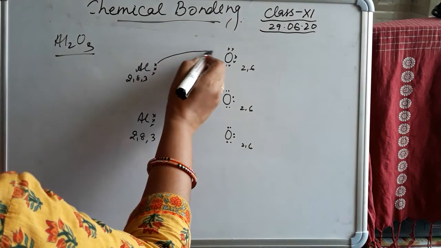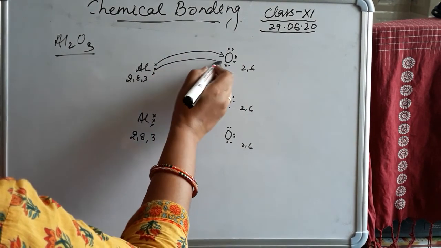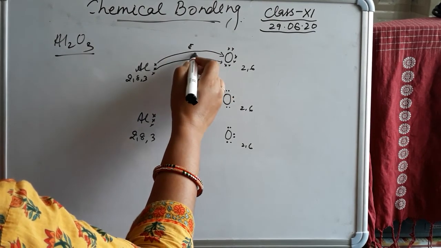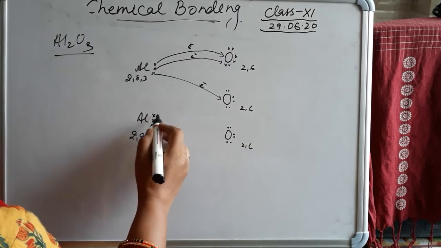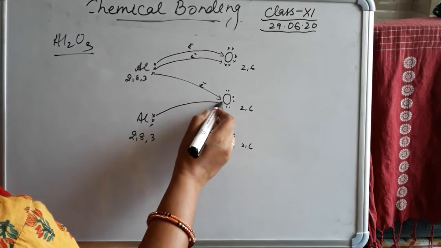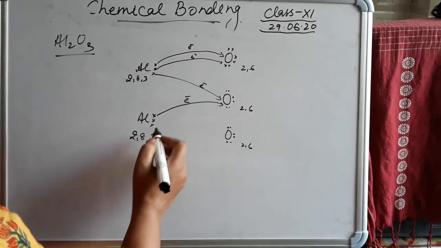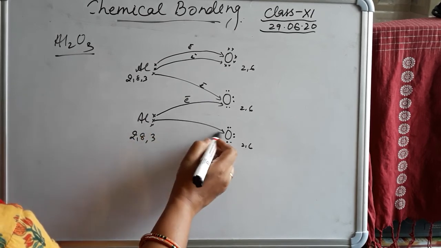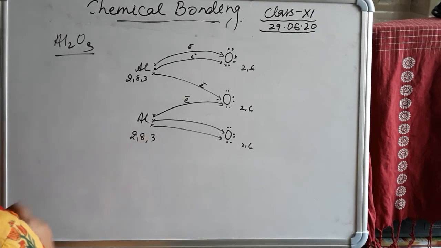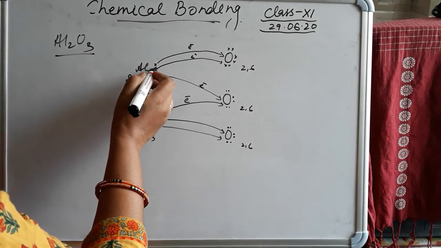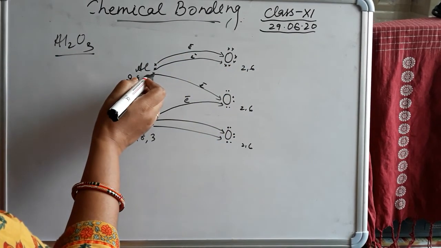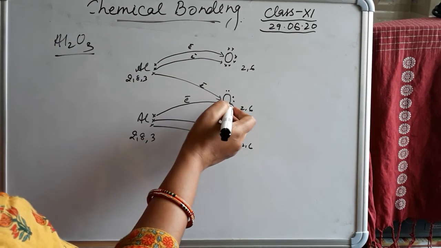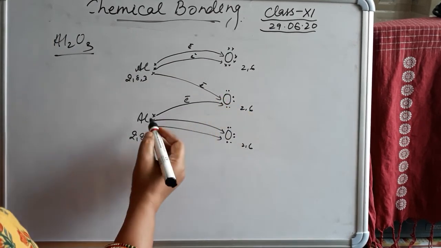So aluminum loses 2 electrons to this oxygen, and the 1 remaining electron is accepted by the other oxygen.